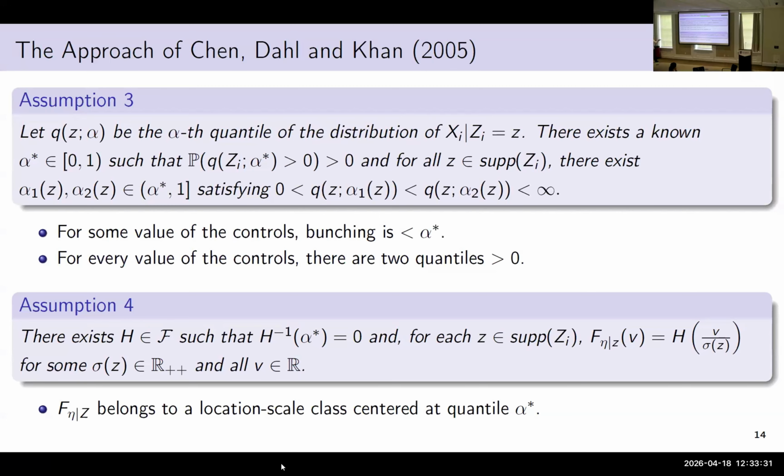I think it would be better to explain what that means using the graphs, but what is important here is this non-parametric family. I don't need to know, identify, or estimate H for the method to work. Of course, it nests any parametric location-scale family, say normal, whatever you can think of, but it's more general than that.